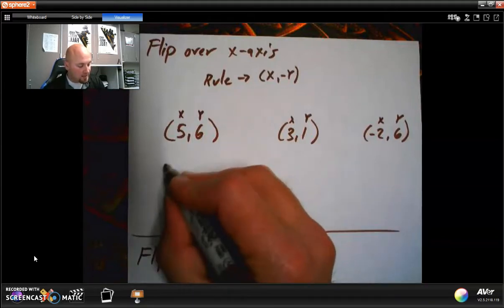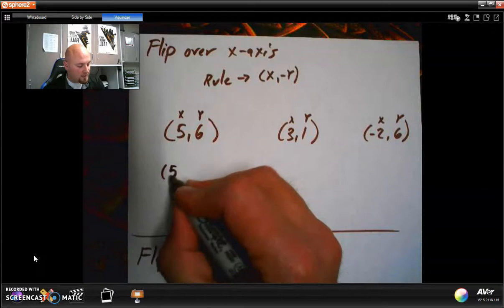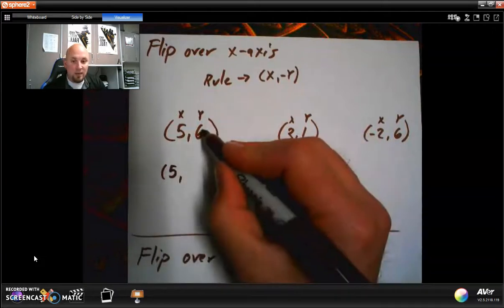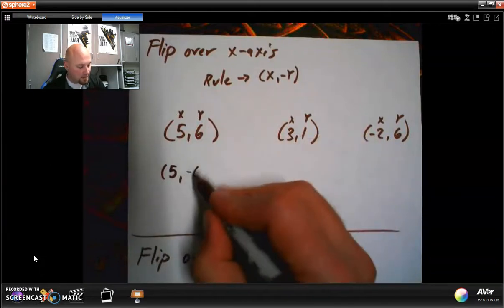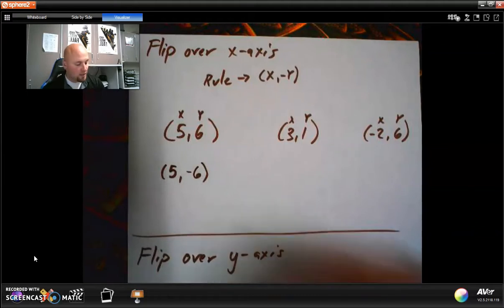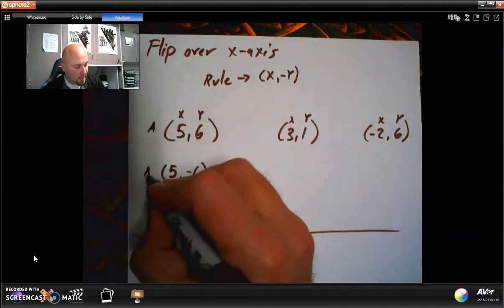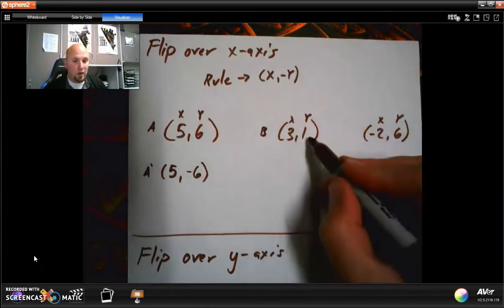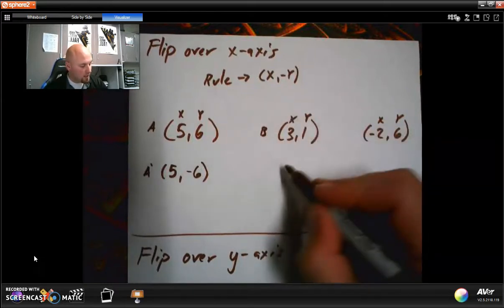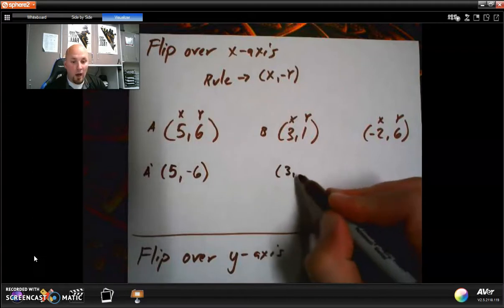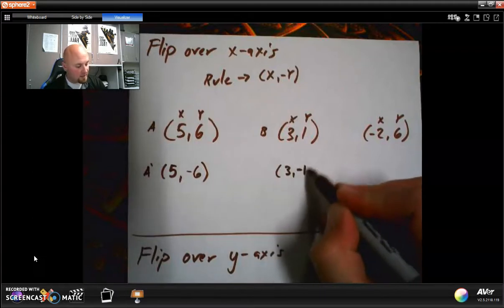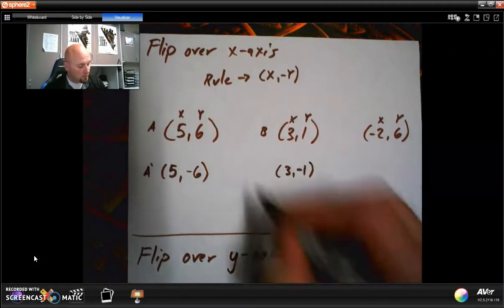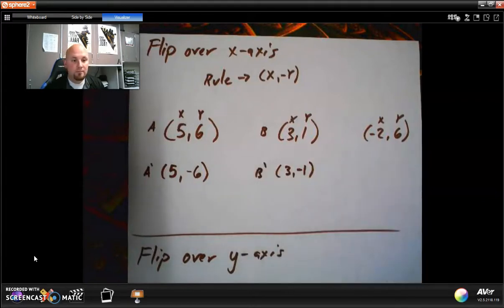So the x's stay the same, so 5, 6, the 5 would stay the same, but 6 would become its opposite, -6. So if this was point A, we would call this A prime. If this was point B at 3, 1, for the x and the y, the x would stay the same, but the y would become the opposite. In this case, it would be -1, which would become B prime.